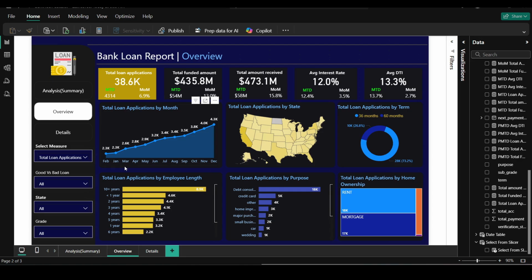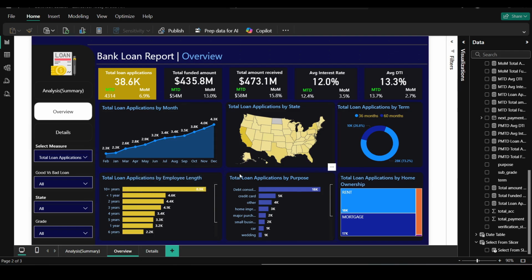So by looking at these insights, we get to know that employees who have around 10 plus years of experience tend to take more amount of loan as compared to other variables. Like people with only 1 year of experience preferably take lesser loans than people who have around 10 plus years of experience.